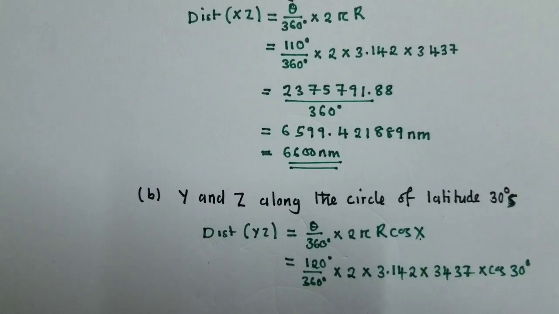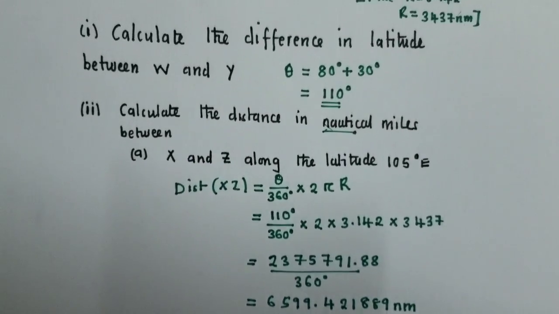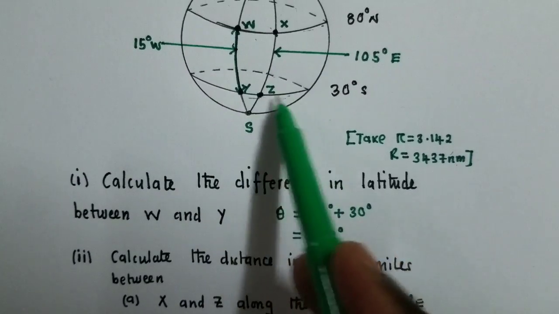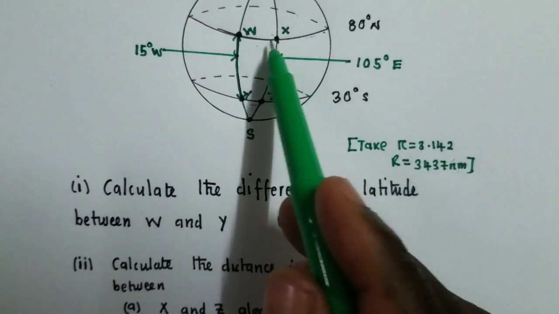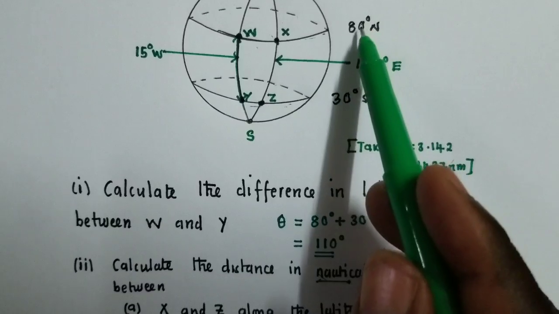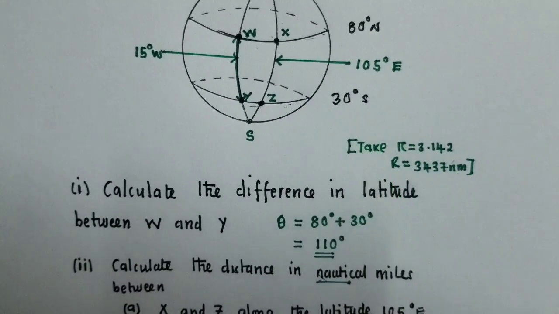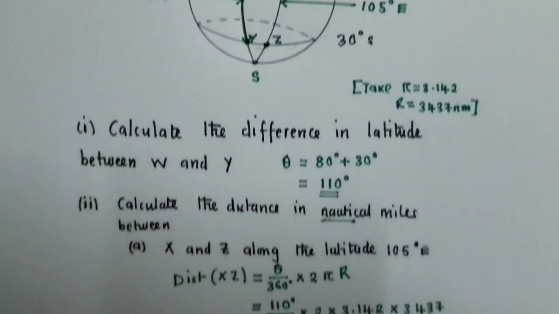So x is always the latitude in which this distance is happening. The latitude in which it is happening is 30 degrees. If it was here, we could have put 80 as our x. But now it's happening on the latitude which is 30 degrees.